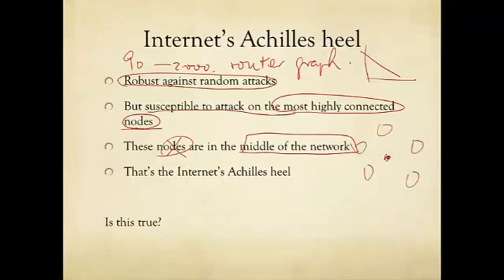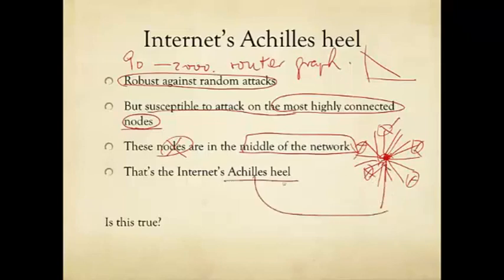So this router is sitting in the middle with many degrees. It's among the most highly connected nodes in the network, and yet it is in the center of the network, and thereby destroying it will bring down the network by breaking it into many small pieces. And therefore this node is the Achilles heel of the internet.